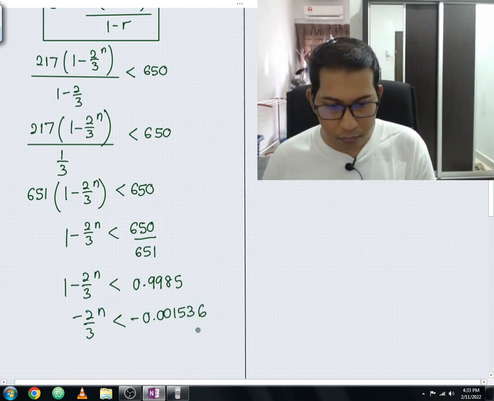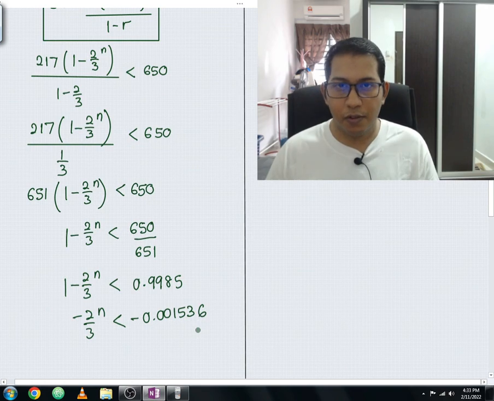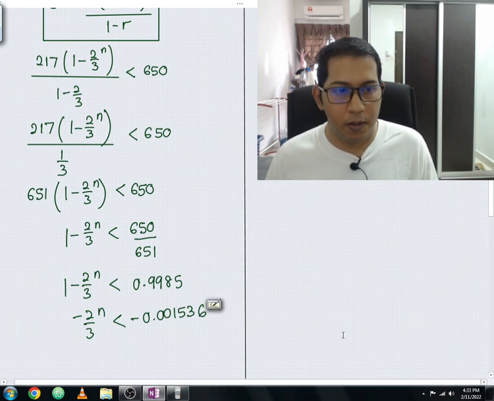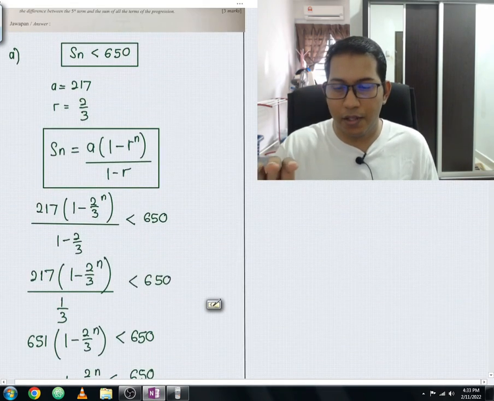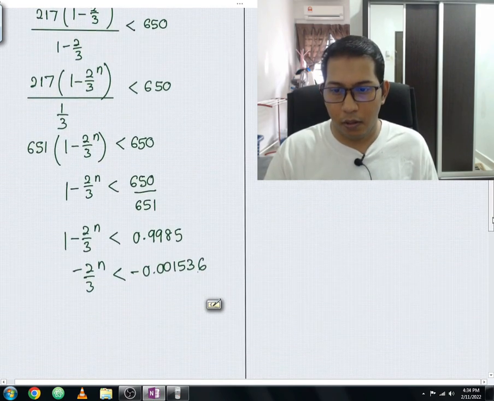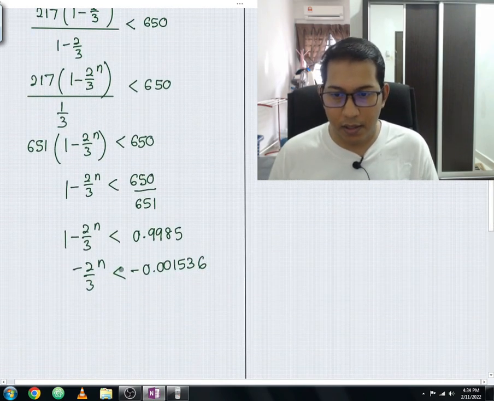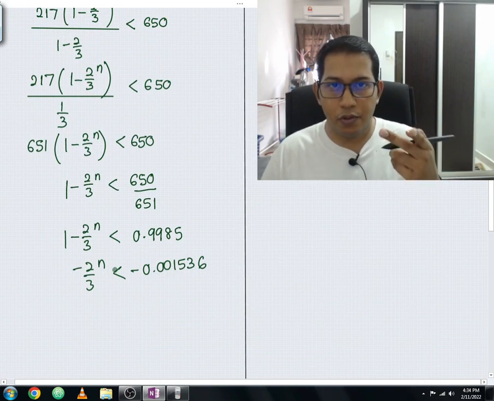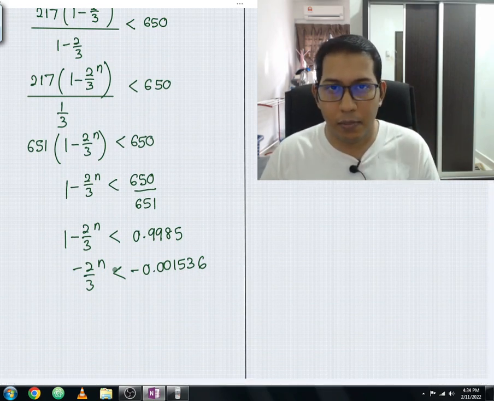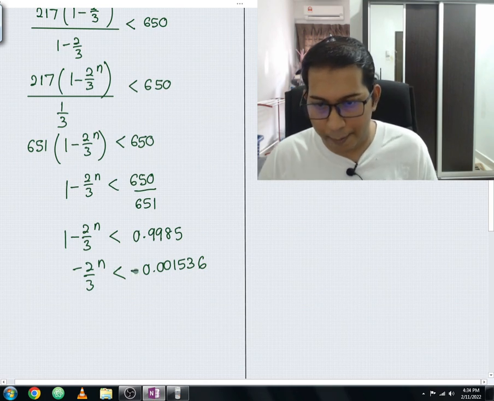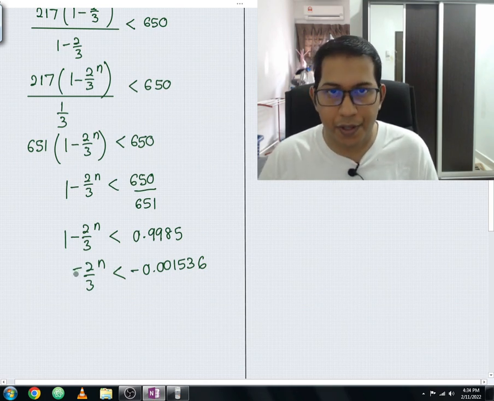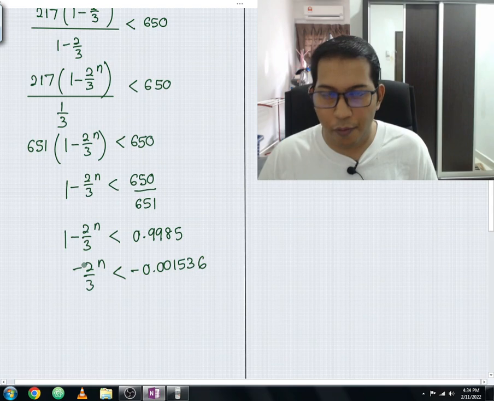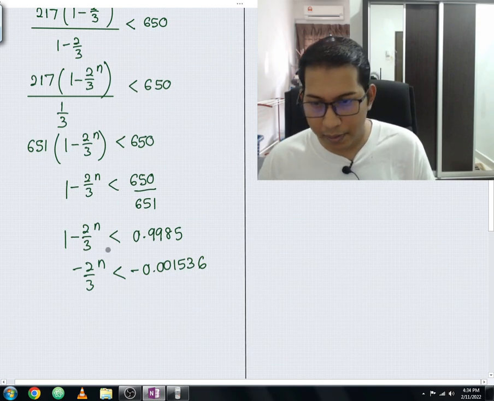Up until now most students would not face any problem, but from this step onwards you should be careful, because since we are dealing with inequality, there will be cases where you need to switch the inequality symbol. From here you have a negative coefficient. In order to make it a positive coefficient, you need to switch the inequality. How are you going to do that? Very simple.